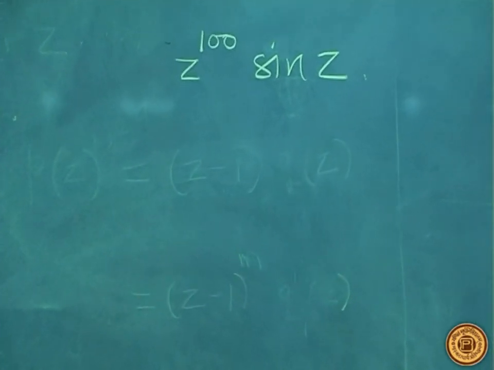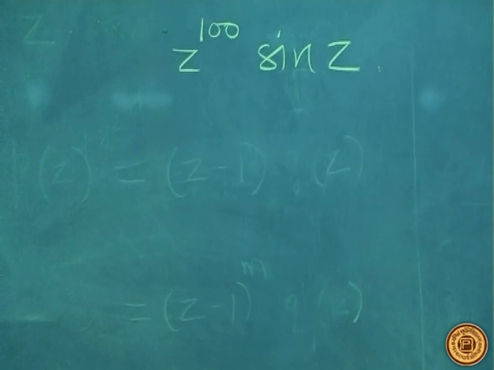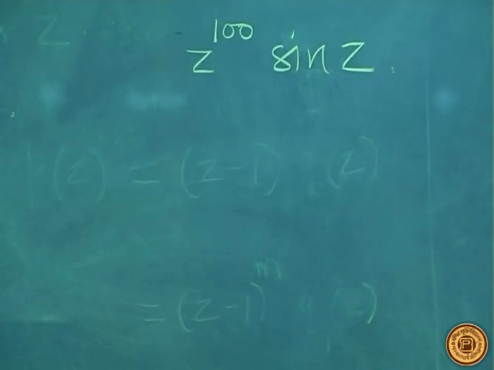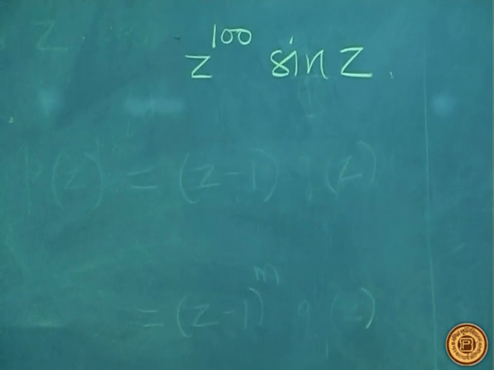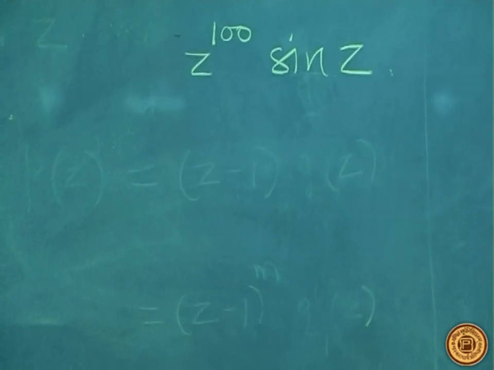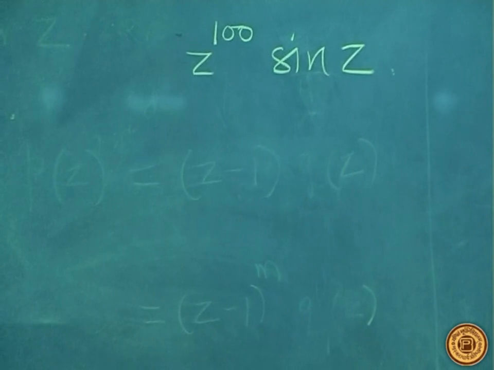Then this is a zero of order 101, because you can check that for k from 0 to 100 the derivatives will be 0. When you have enough time you can check that, but don't get into that now. All right.